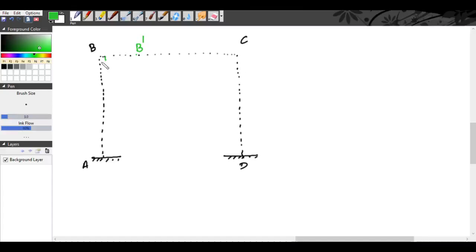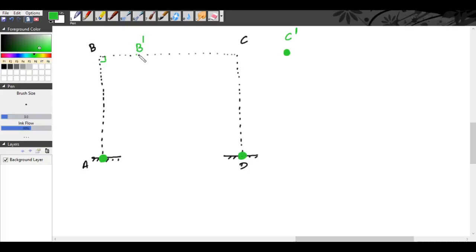So this 90° will be maintained at B dash also. C gets shifted to C dash, but there will be a hinge formation at C dash. Also, there will be hinge formation at A since it is a fixed support, and at D since it is a fixed support.